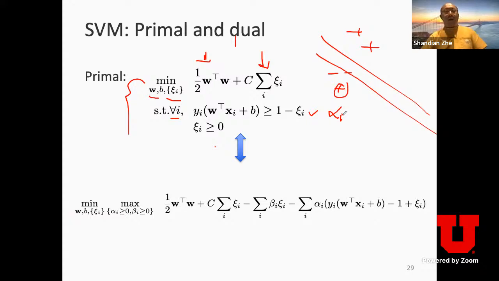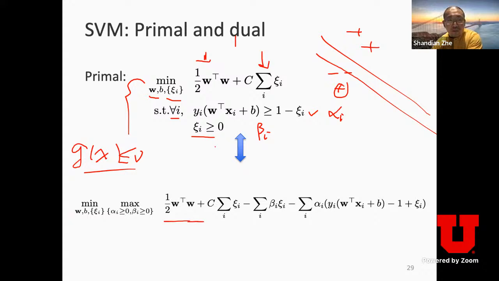And the second one is the non-negative constraint about KCI, and we can introduce another multiplier beta i. And remember, in the standard primal problem formulation, we require the constraint to have the form g(x) less than or equal to 0. So we need to revert the direction of the inequalities. And then we just add to the objective function a linear combination of those constraint functions.